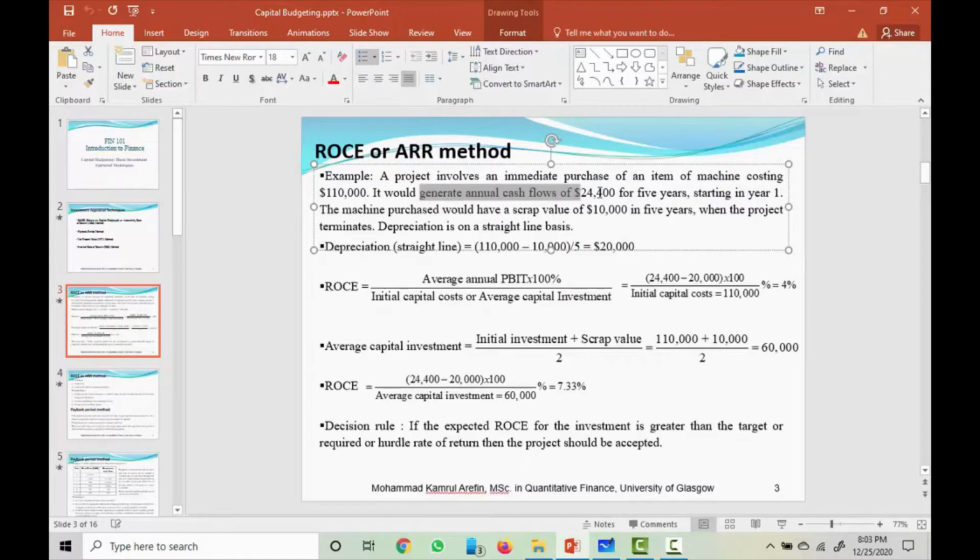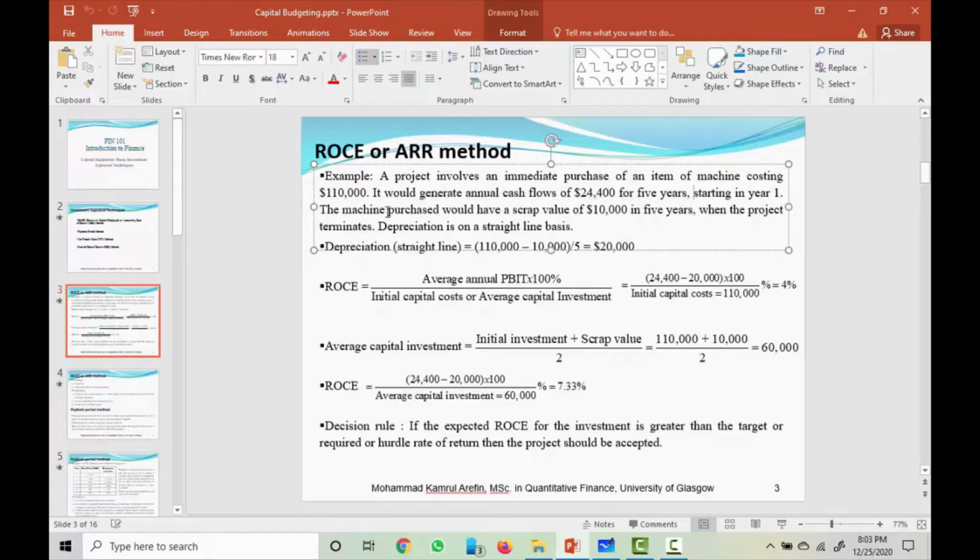It would generate annual cash flows of $24,400 for 5 years. That means at the end of each year, you will get on average $24,400, and in that way up to 5 years.